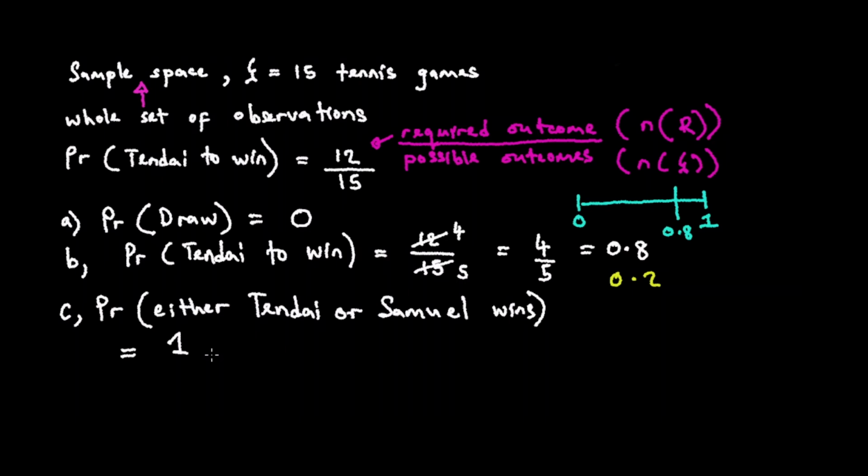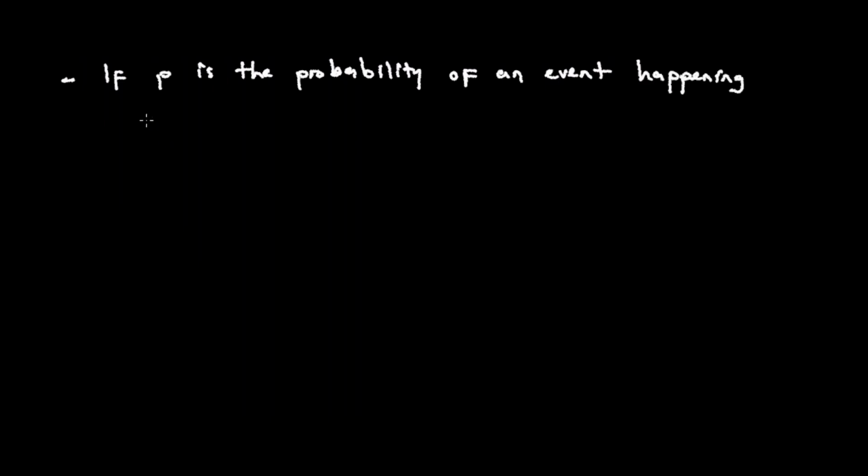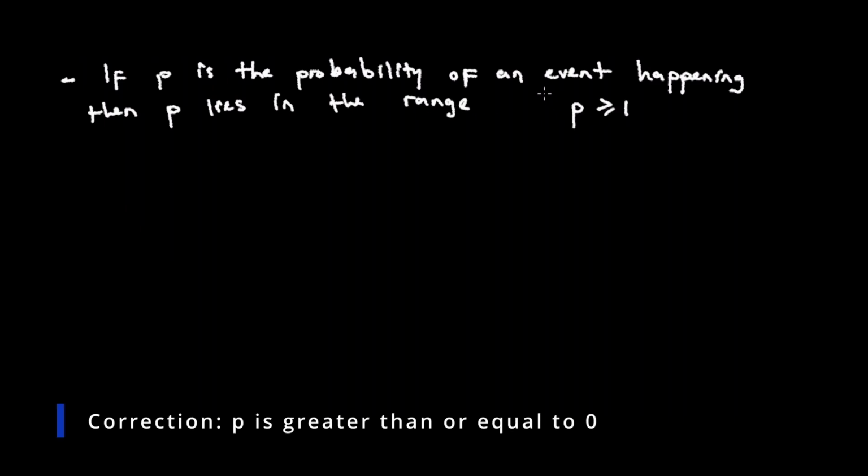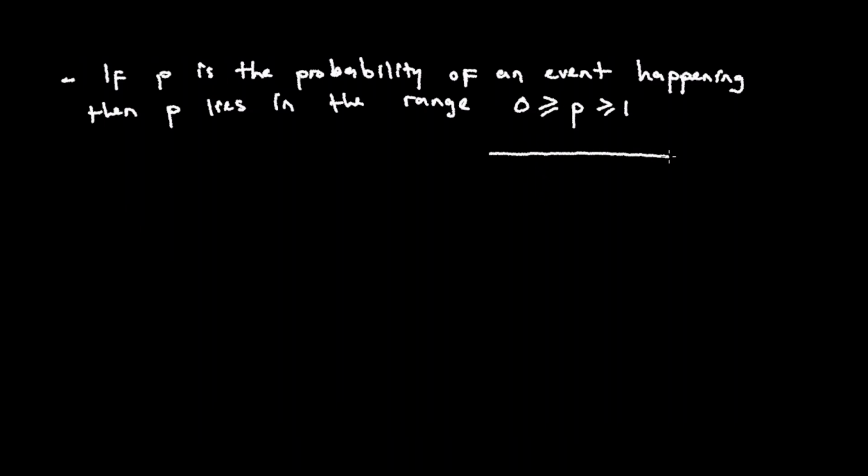Now, if P is the probability of an event happening, then P lies in the range between 0 and 1, as we've done. So if we want to write this range in set notation, if P is the probability of an event happening, then that probability P lies in the range 0 to 1. If we want to represent it on a number line, it will be something like this: 0, 1. 0 is included as absolutely impossible, 1 is included as absolutely possible.